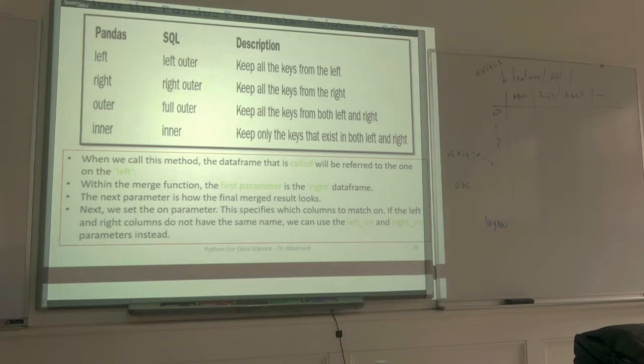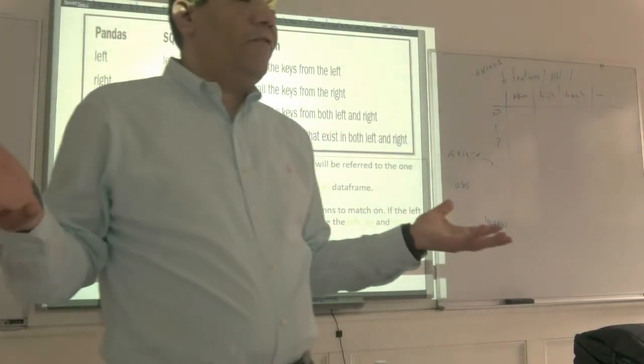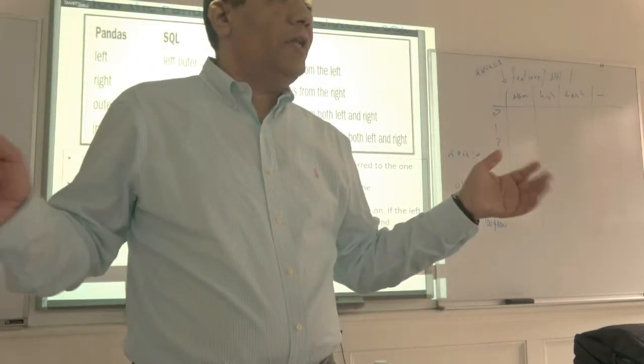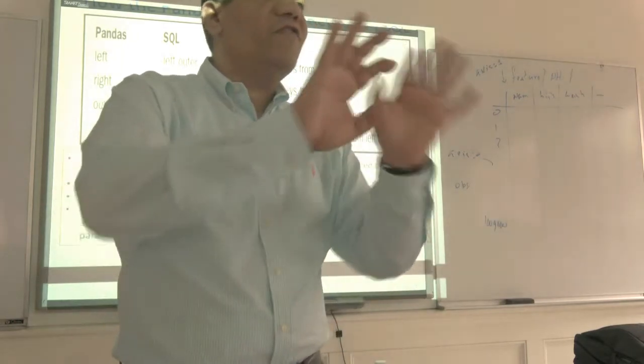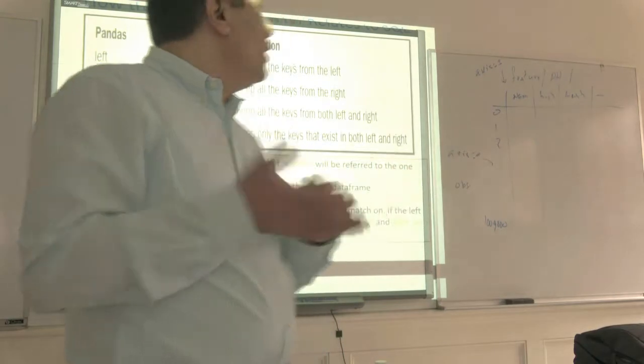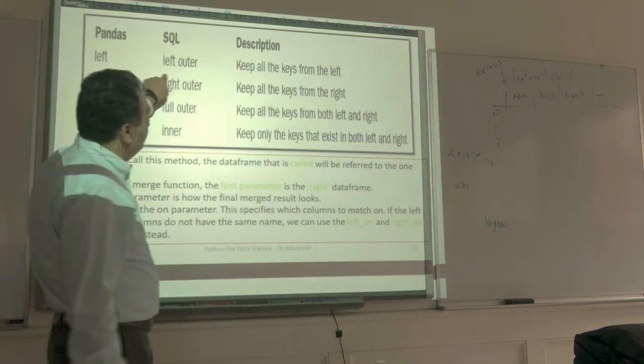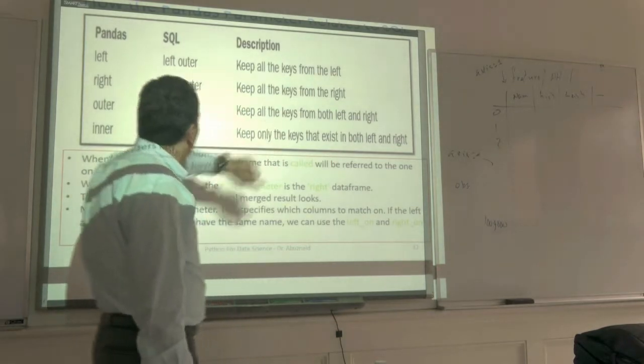So how do pandas parameters relate to SQL? In pandas, we're trying to join data frames, one-to-many, many-to-one, or many-to-many. This is a very common thing to do in databases. Left, which in databases we call left outer, keeps all the keys from the left.